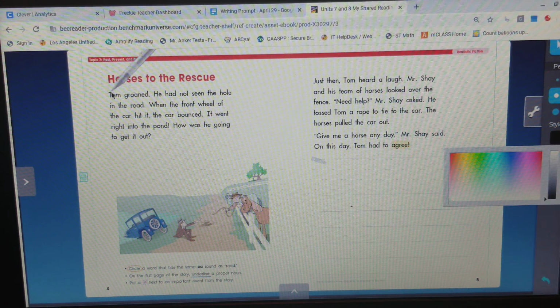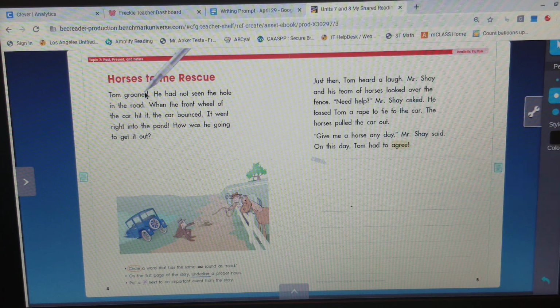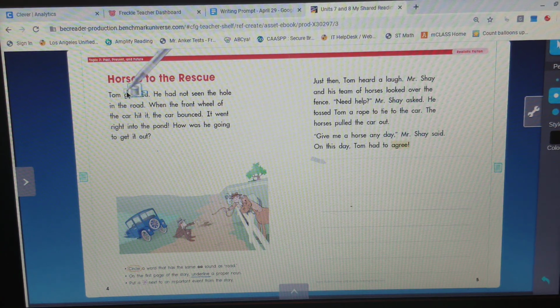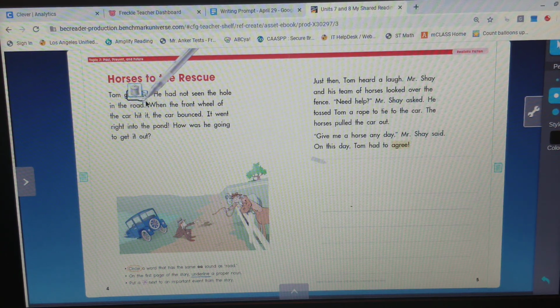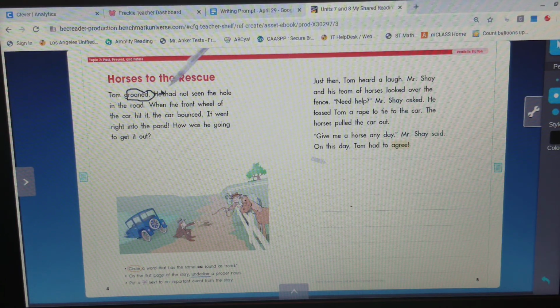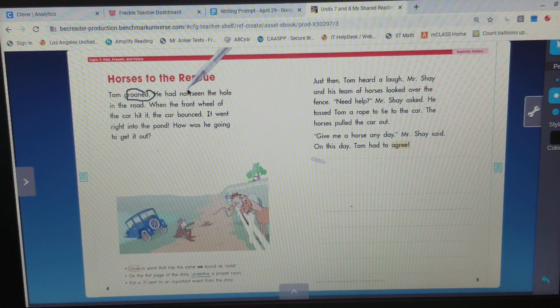Okay. Tom groaned. Groaned. Oh, I didn't do too good a job with that circle, but groaned. I see the OA and it's saying O. Now, I'm not going to just circle the OA words.